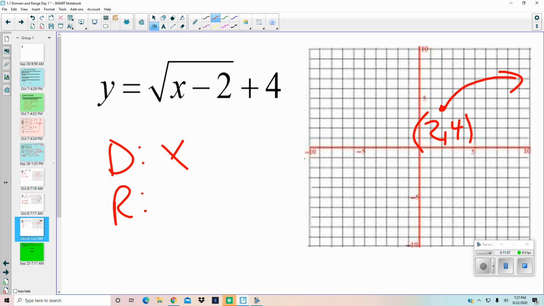So can you see that the x values are all greater than or equal to 2? Every point on this graph is to the right of 2. Y is greater than or equal to 4 because it's arching up. So you sketch the graphs, and then you state what the domain and range are for each one. You need to have all these rules written down in order to do the assignment. So hopefully you did that.